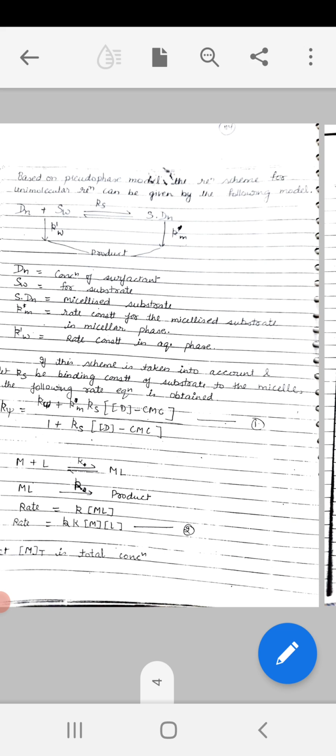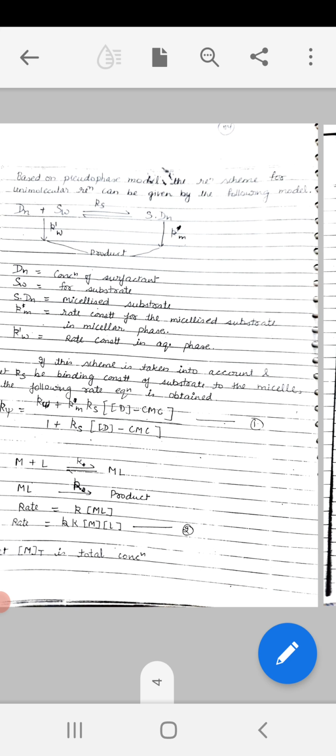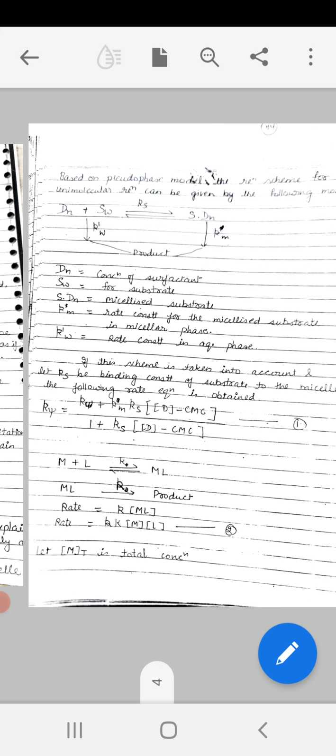Then Sw with rate constant of K'w is converted into product. Here Dn is the concentration of surfactant, Sw is the substrate, and SDn is the micellized substrate. Km is the rate constant for the micellized substrate in the micellar phase, and K'w is the rate constant in the aqueous phase.